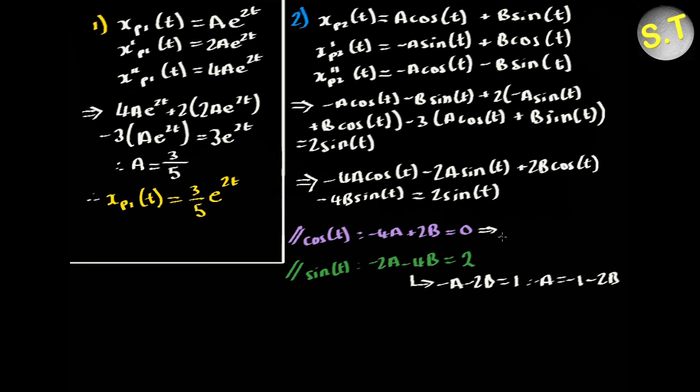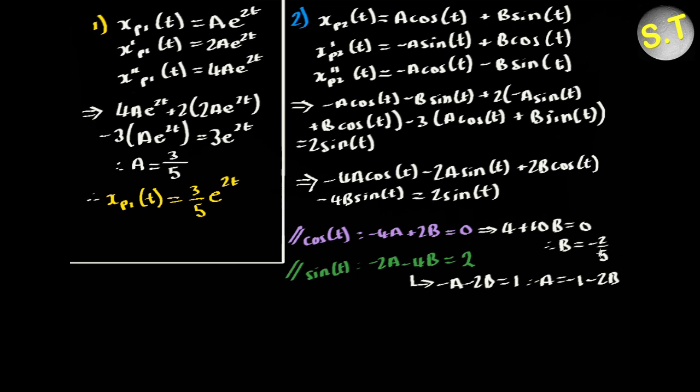So we have minus 4 times all this, minus 4 times minus 1 is just positive 4. Minus 4 times minus 2b is plus 8b. And then plus another 2b, so we have plus 10b is equal to 0. So therefore b will be equal to minus 2/5.